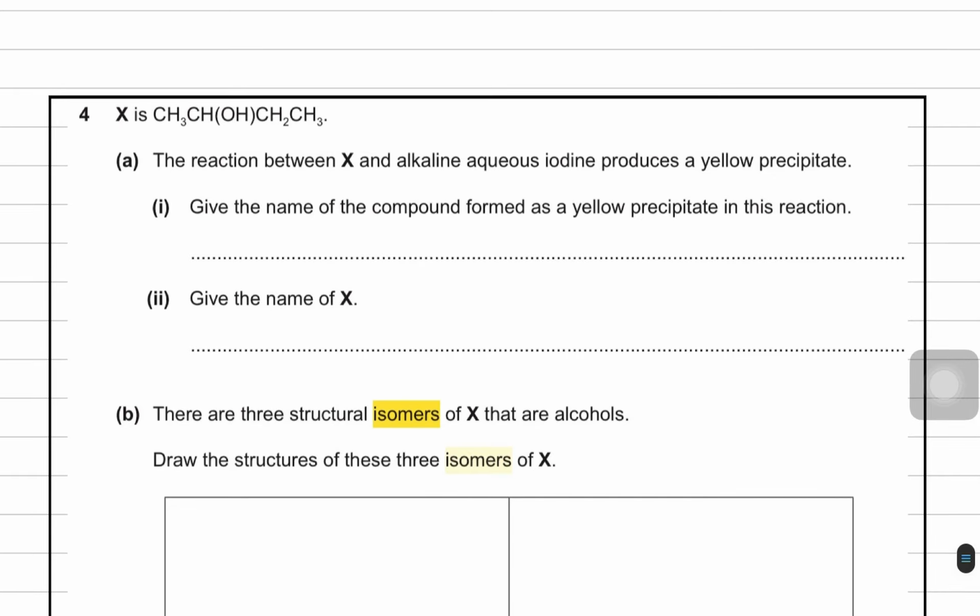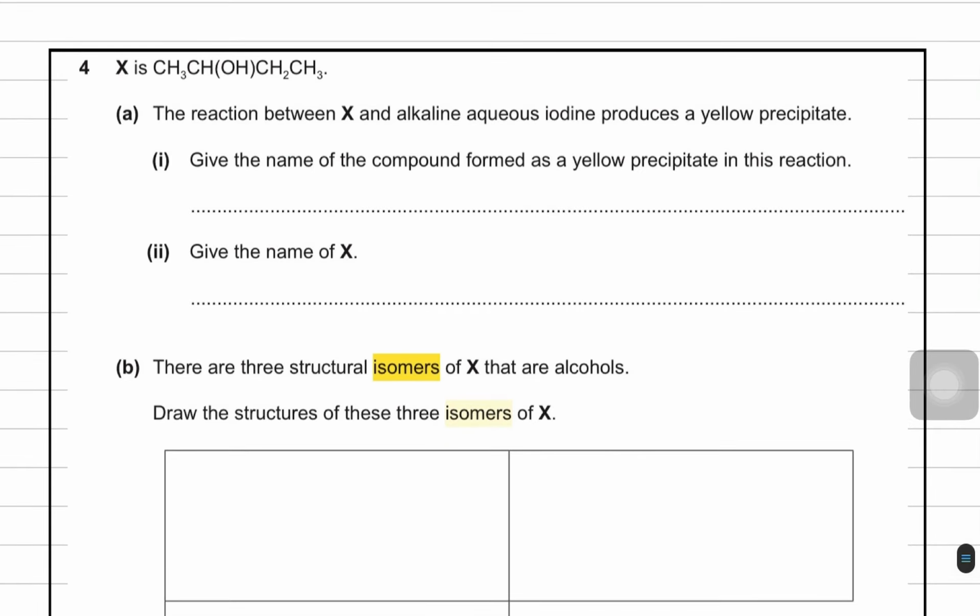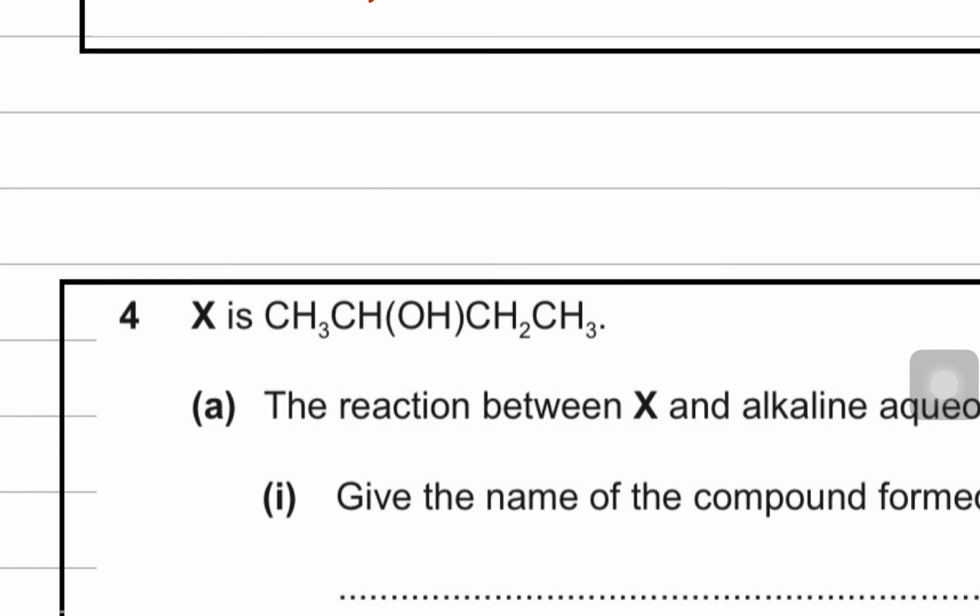It's a theory question. It says X is CH3, CH, then bracket OH, CH2, CH3. I want you to focus on this structure and realize that it is the condensed formula, because they are using a bracket for a branch. How many carbons are here?